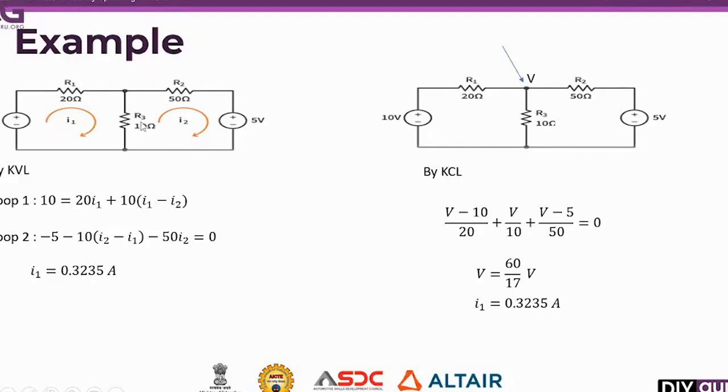Now what will be the current in this element? Because we are applying it in this loop, it is I2 minus I1, because I2 is dominating. So minus 10 into (I2 minus I1), minus the current flowing in this element, 50 into I2. So this is the drop across this R2, which is equal to 0.